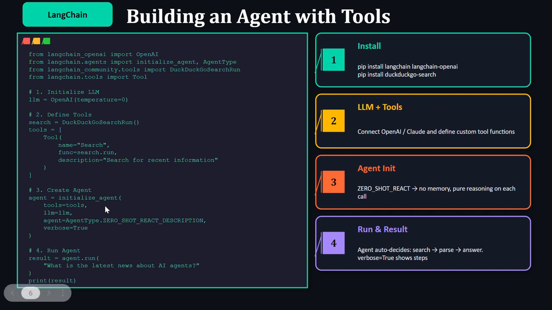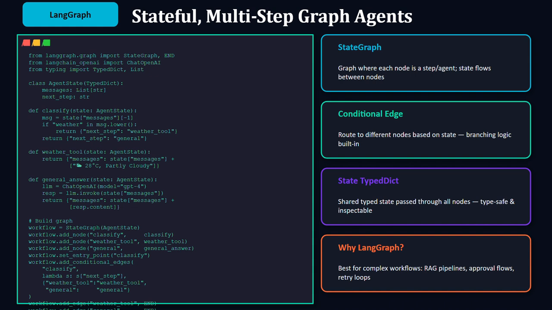Then we create the agent, agent equals initialize agent with tools and LLM, which LLM we have to mention here. These are the steps to create a basic agent using LangChain.